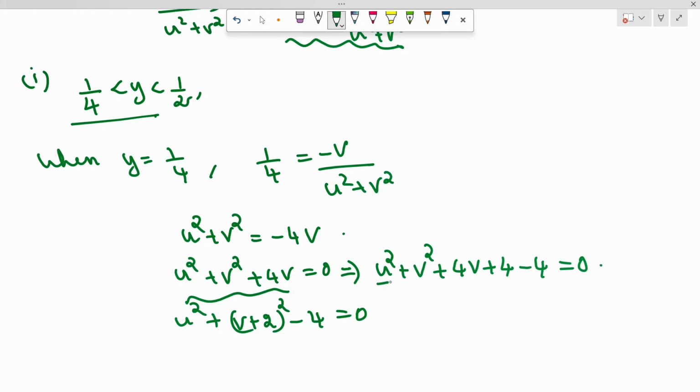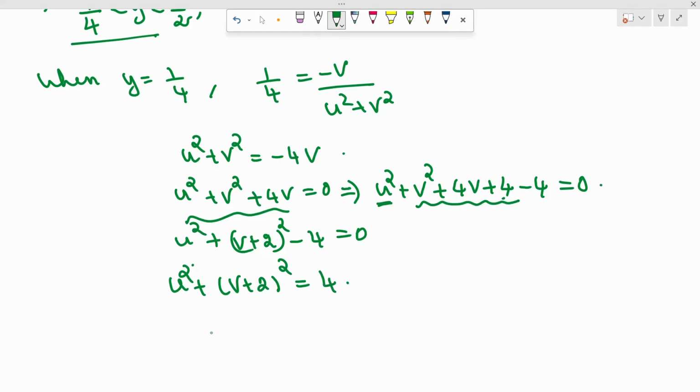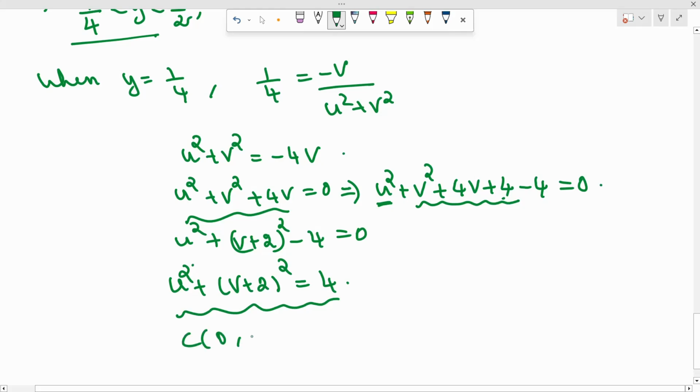Now the v terms are in the form of a plus b whole square, that is a square plus b square plus 2ab, and then minus 4 equal to 0. Now we can write u square plus v plus 2 whole square is equal to 4. Now we are getting the equation of a circle. The center of the circle is 0 comma minus 2 and the radius is 2, because 4 can be written as 2 square.